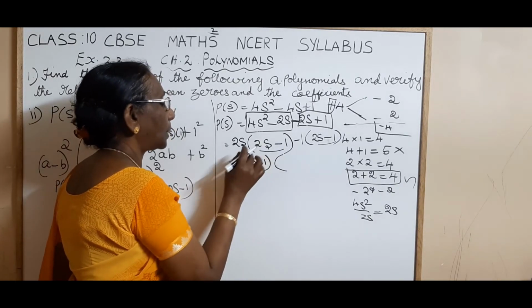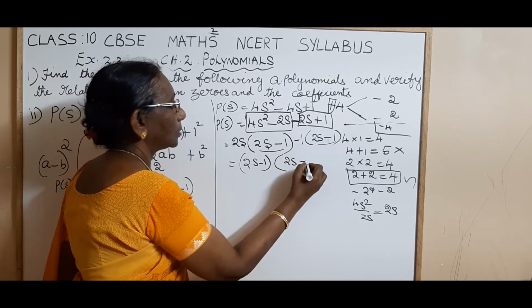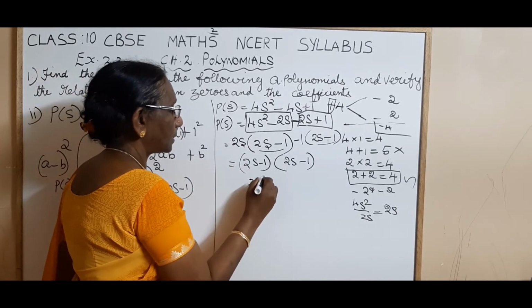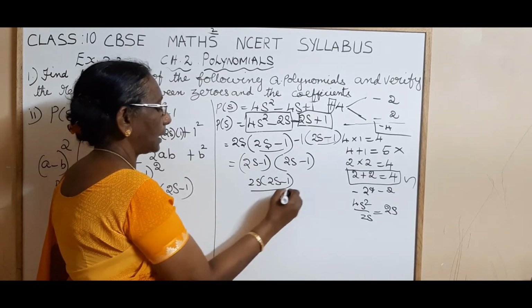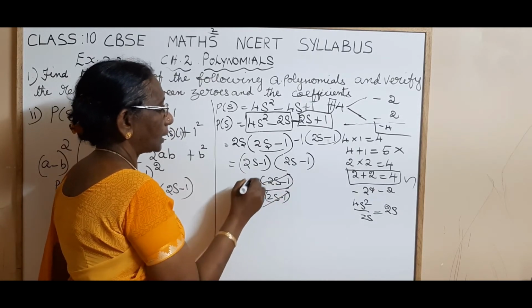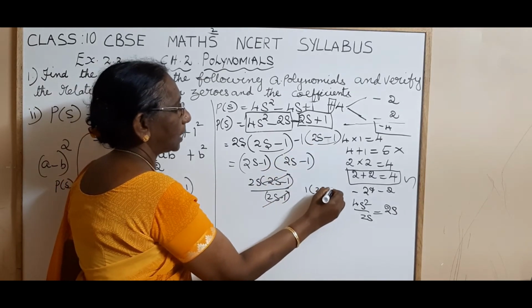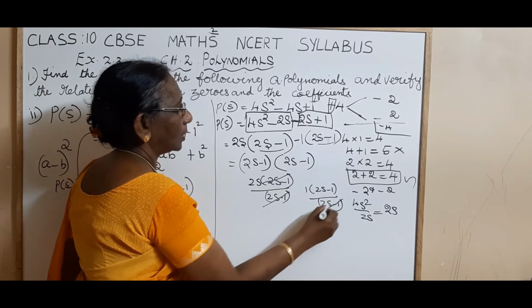Only 2s, and also 1. Taking out means you are dividing the terms by the common term. So you are getting only 2s, and dividing 1 into 2s minus 1 by 2s minus 1 as a whole, you are getting 1.